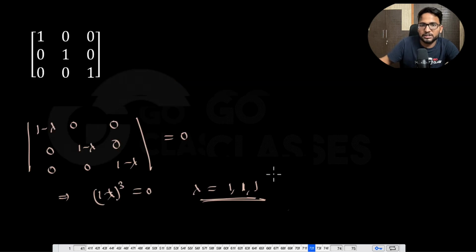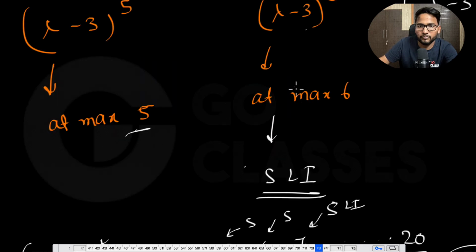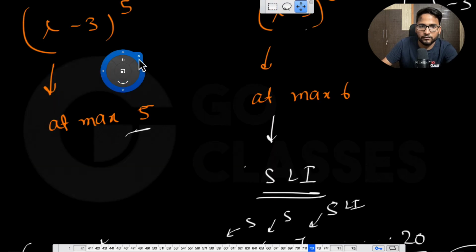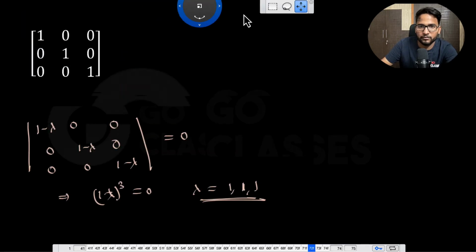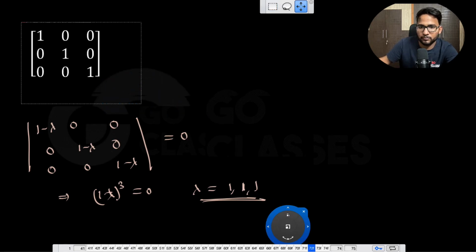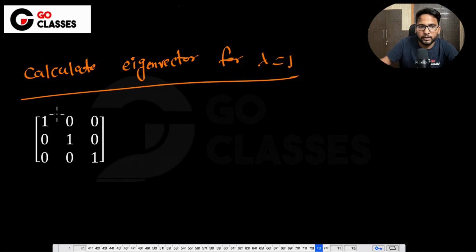Okay, so this is the matrix that we have. Now can you do it? Maybe let me try doing it. For lambda equal to 1, you will be writing minus 1, minus 1, minus 1.